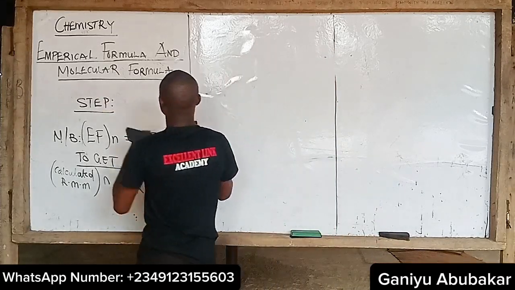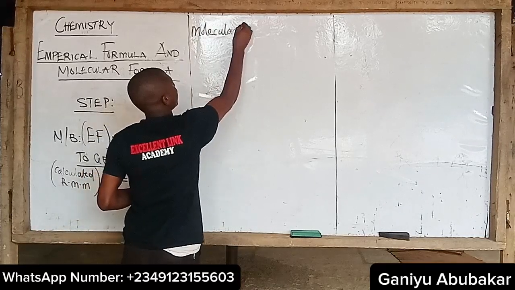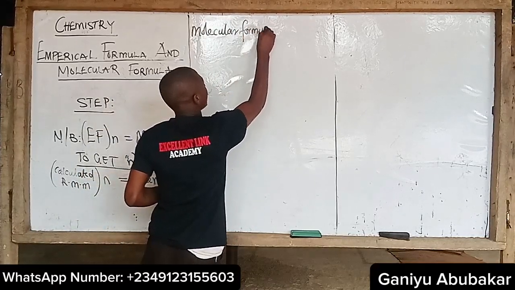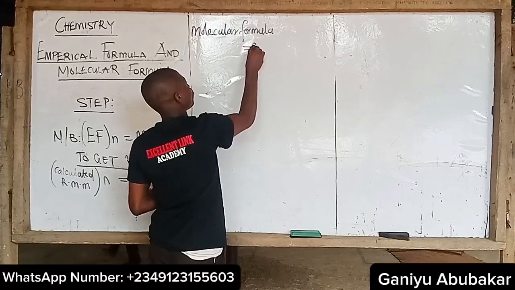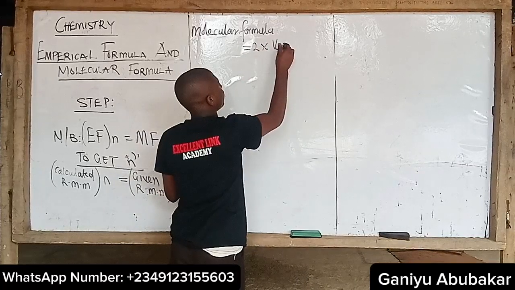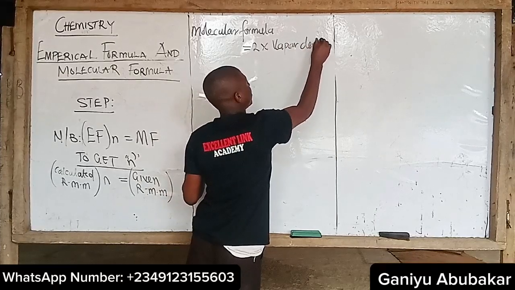So also know that molecular formula is got by multiplying 2 times vapor density.